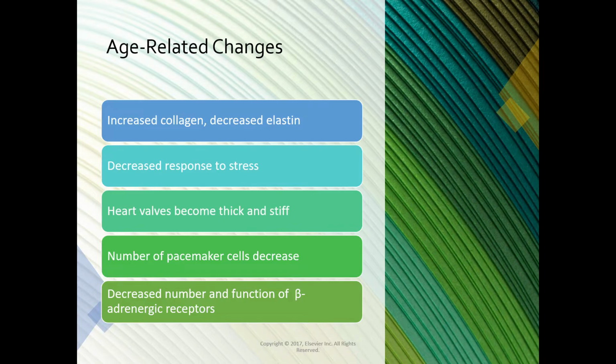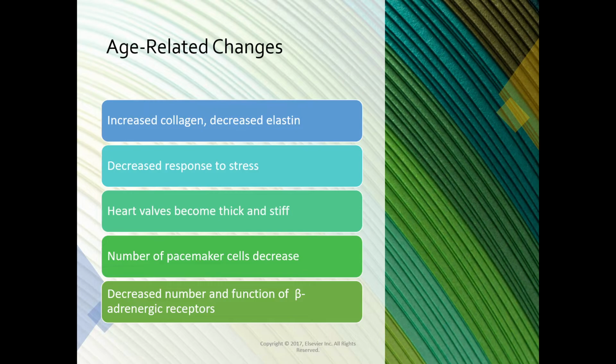So a lot of the changes that we do see with increased age is the amount of collagen that you'll see build up, right? The heart increases, and elastin is going to be decreased, which again goes to that endothelial lining of the blood vessels, which make it more rigid, creating thus more systemic resistance.